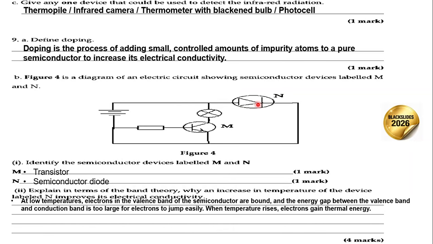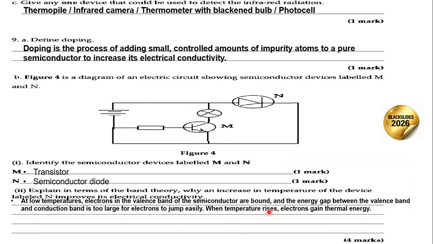When the temperature is low, electrons in the valence band of the semiconductor are bound, and the energy gap between the valence band and the conduction band is too large for electrons to jump easily.